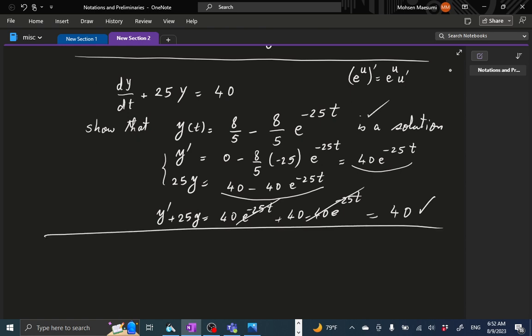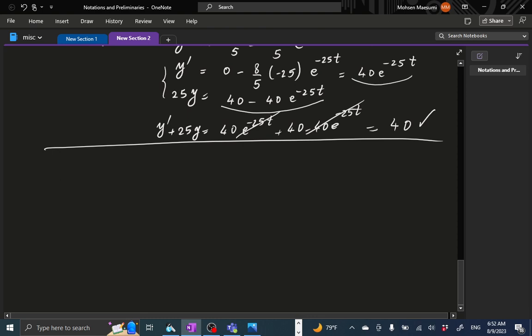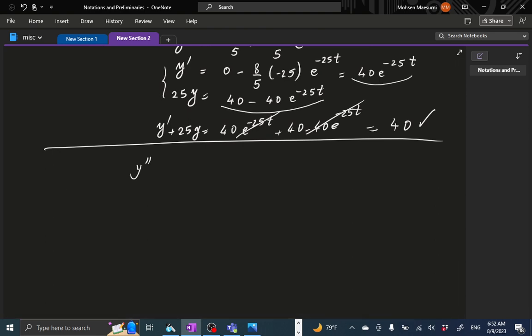So the same issue comes up if you have more complicated problems. So for example, you might want to have the following problem: y double prime minus 6y prime plus 25y is equal to 0.